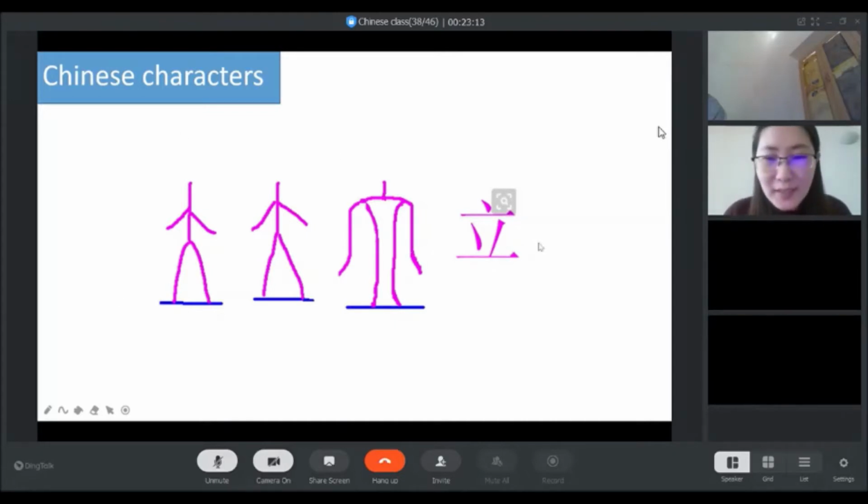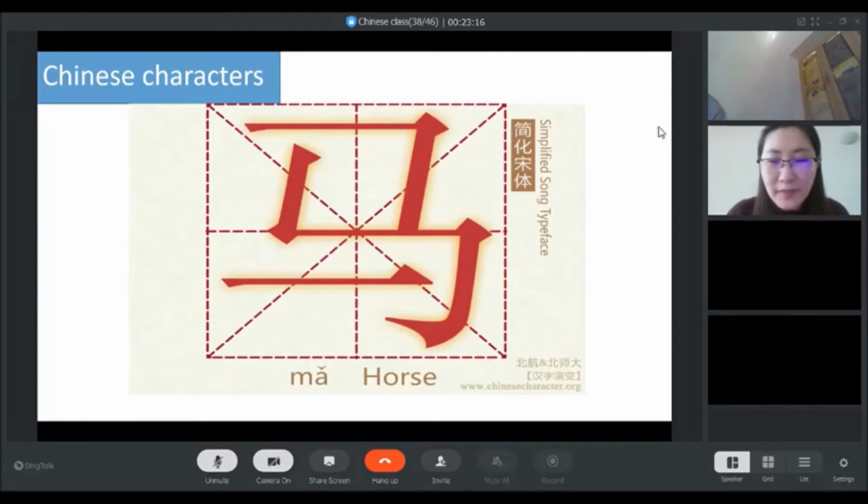So we can see these Chinese words come from pictures. For example, look at this one, 马.